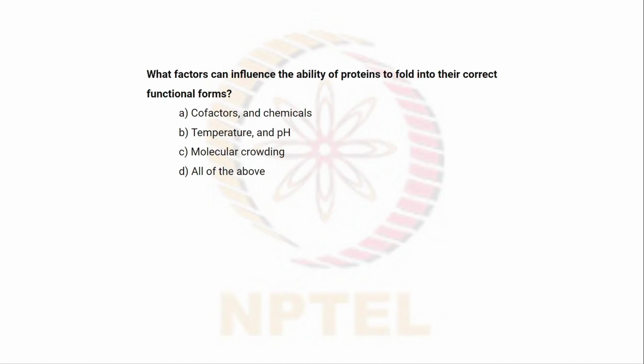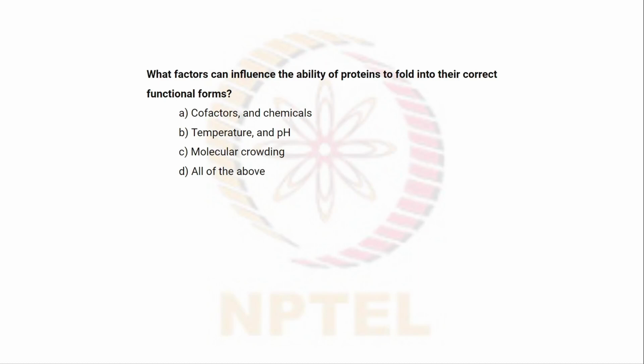Given here, option one is cofactors and chemicals, which come under the surrounding environment of a protein. Any changes in the surrounding environment could lead to a misfolded protein. Then we have temperature and pH, which are very important for the activity of a protein. Indirectly, the activity of a protein again depends on its correct folded structure.